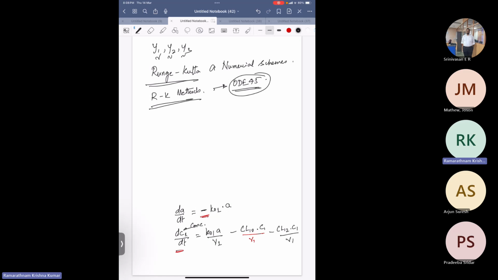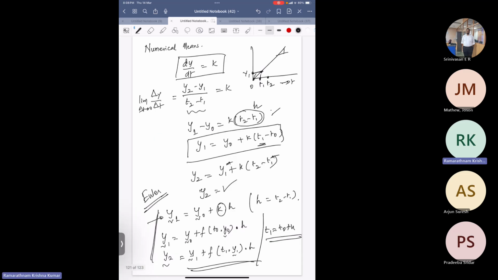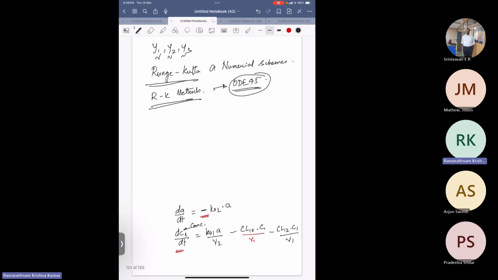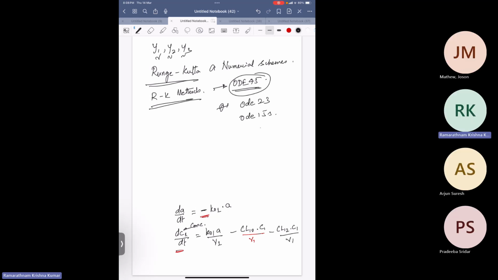Given this equation, you say, hey, ODE45, solve it, and it will solve it for you and give you all this Y1, Y2, and so on. There is another called ODE23, ODE15, and so on. There are a number of schemes like this which will actually solve these equations.